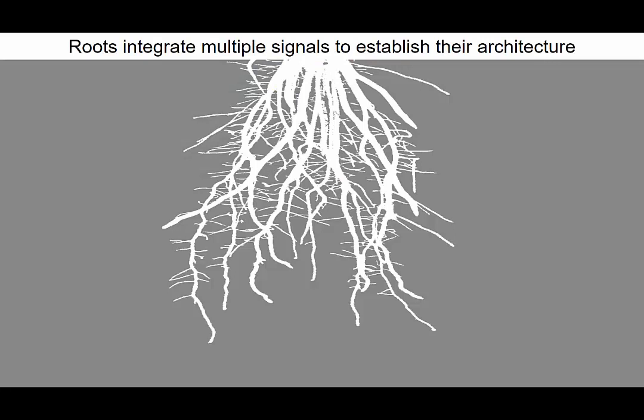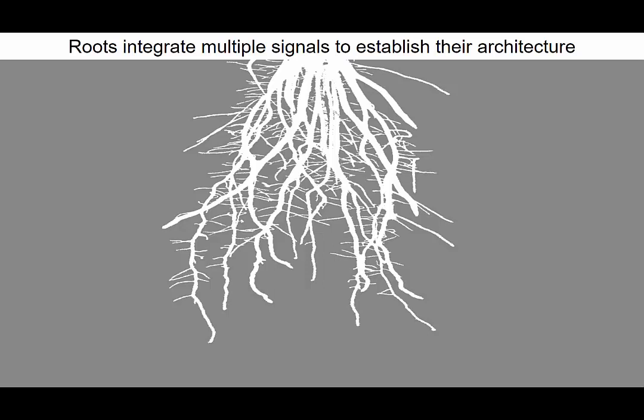Basically, stresses have been studied in isolation. So I take a root system and I've done a nitrogen stress, and I'm looking at how the roots respond. I've done a phosphorus stress, I've done a water stress. But a plant actually experiences multiple stresses, and we don't understand how root systems respond when they receive multiple cues.